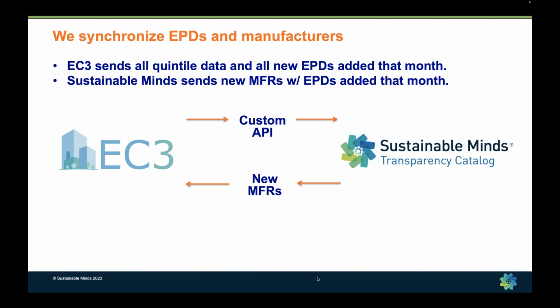The team will add the link to the EC3 tool results and the embodied carbon results quintiles to the catalog. And every month, Sustainable Minds sends EC3 new manufacturers with EPDs that have been added to the Transparency Catalog that month.